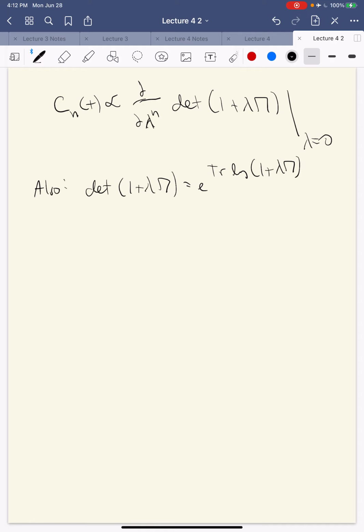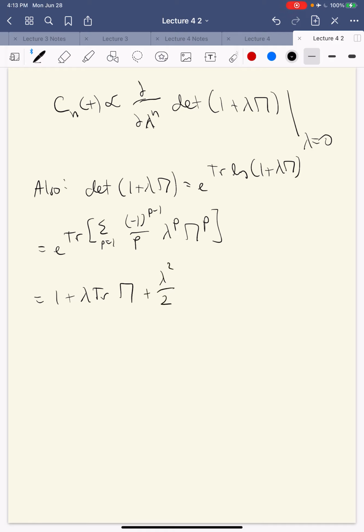I can now expand the log. Okay, this is just expanding the log about lambda equals 0. And now I can expand the exponential. I'm just going to write out the first few terms, but you can easily write out some Mathematica code or something to give you the series expansion of this.